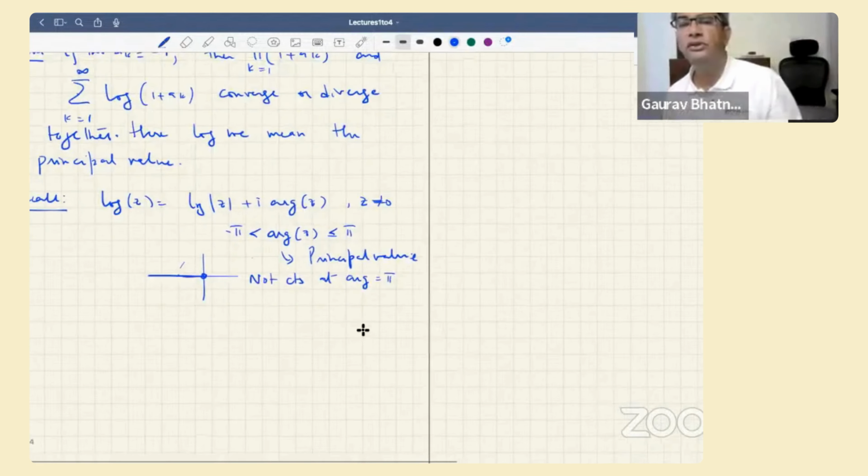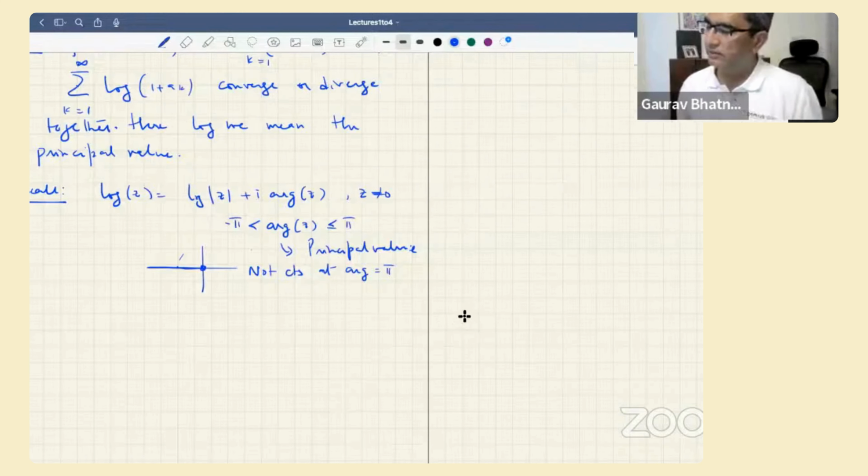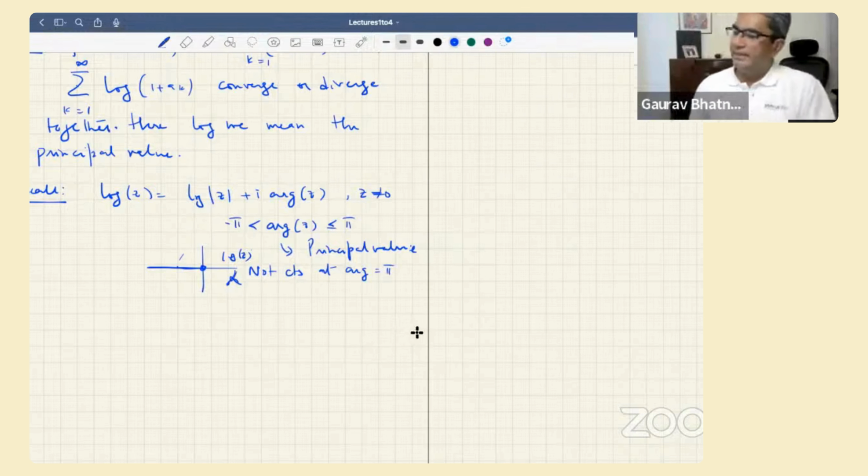If we delete this line, then log is a continuous and analytic function. So log z, as it stands, is not continuous. This is 1a, 1b.